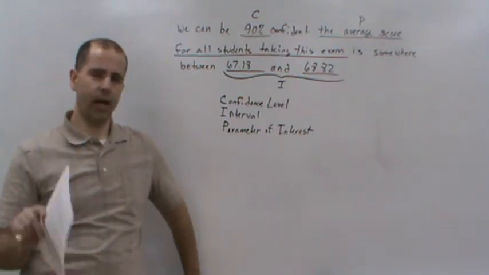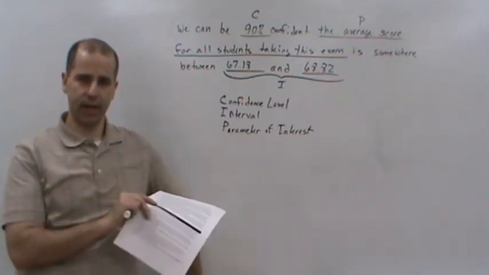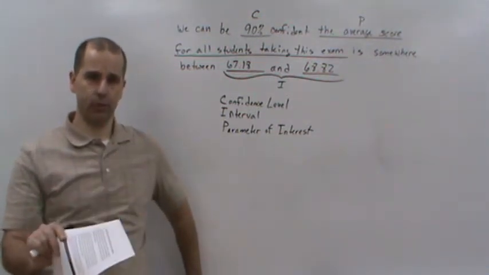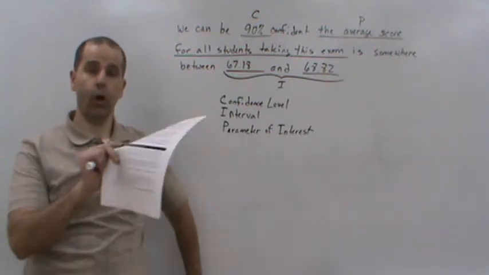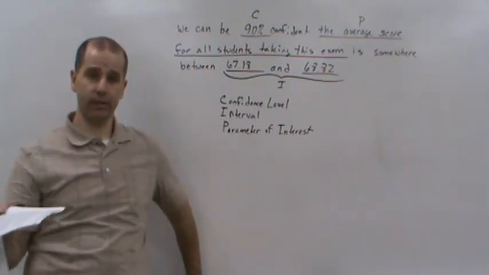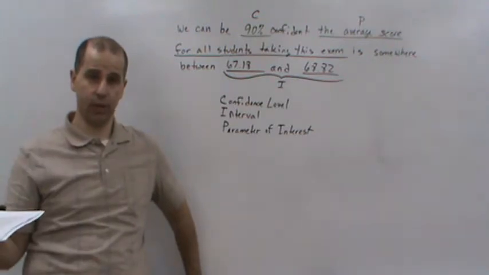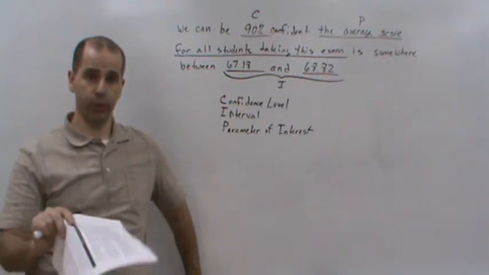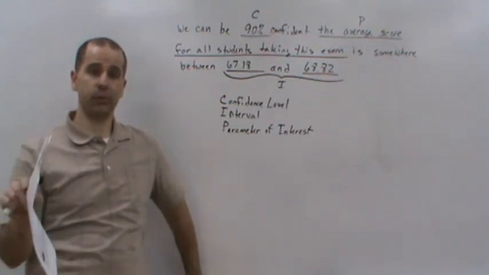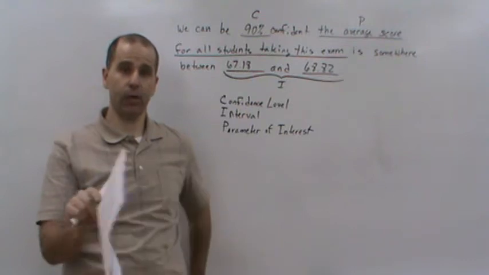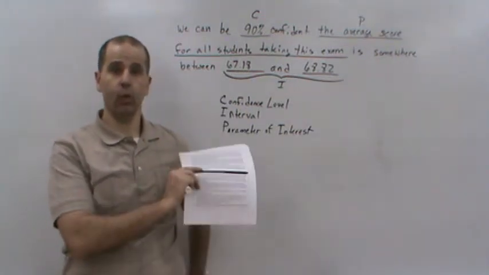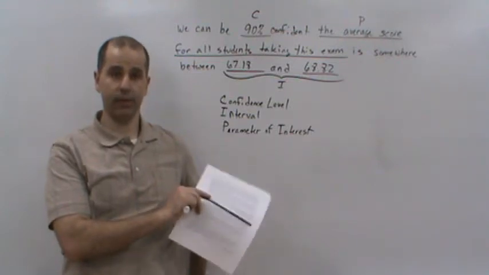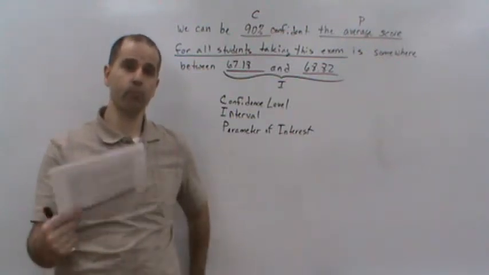If we take 100 samples of the same size, size 36, and we construct a 90% confidence interval for mu for each of the 100 samples, then we would expect that 90 out of the 100 confidence intervals will contain the true mean. Okay? That's the other interpretation.